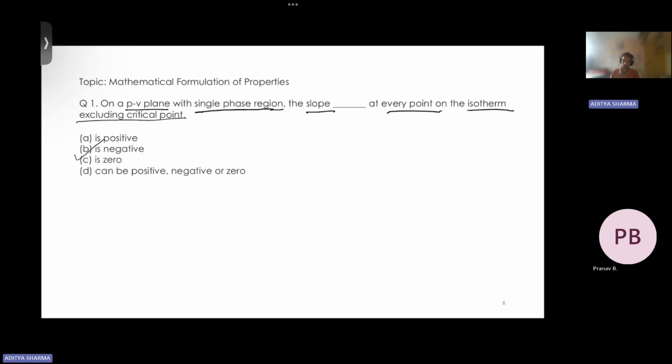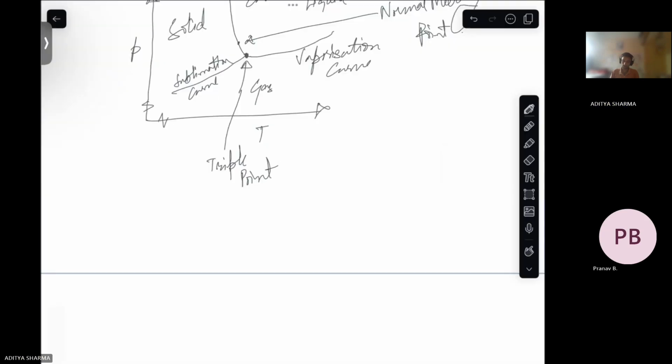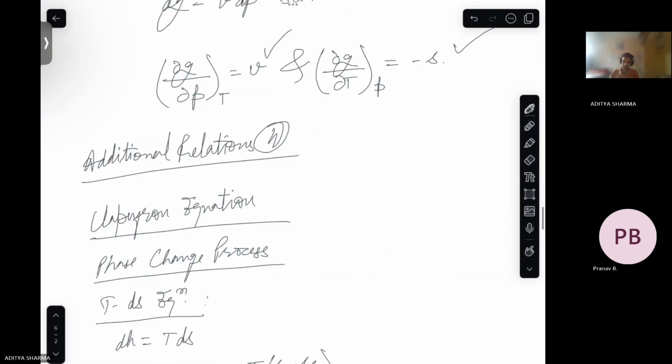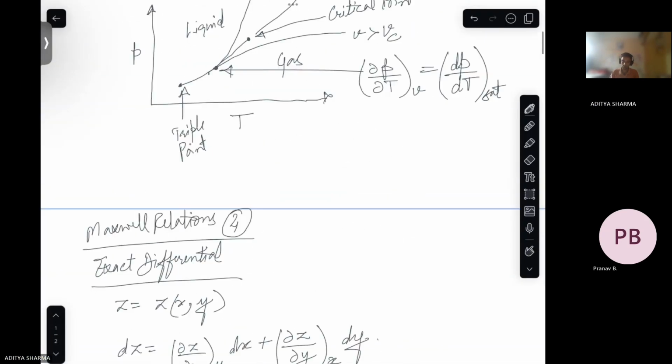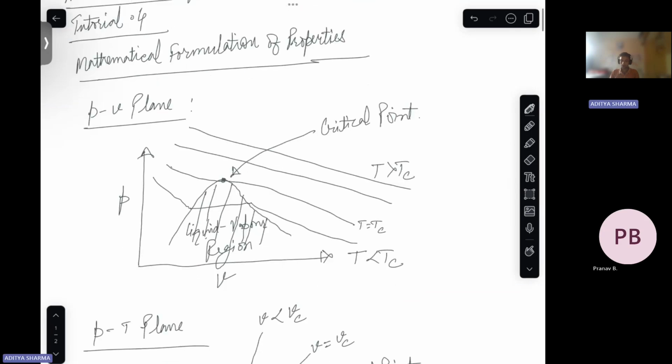So we have seen the PV plane. You see here, we have the PV plane, right? So the isotherms, including the isotherm which includes critical point, and the isotherms above this isotherm that contains critical point, right?